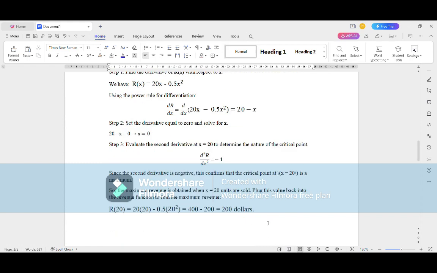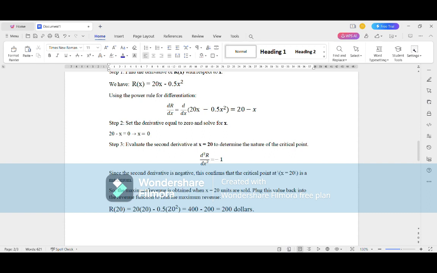Since the second derivative is negative, this confirms that the critical point x = 20 is a maximum. So the maximum revenue is obtained when x = 20 units are sold.